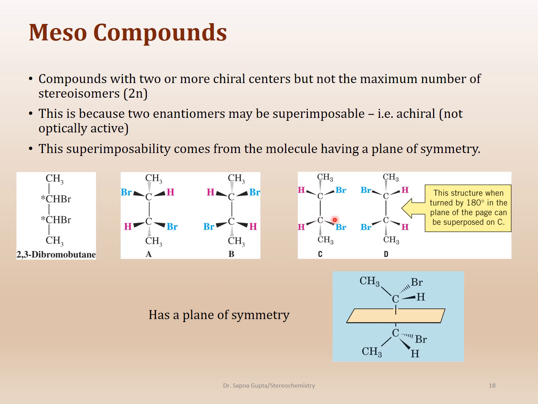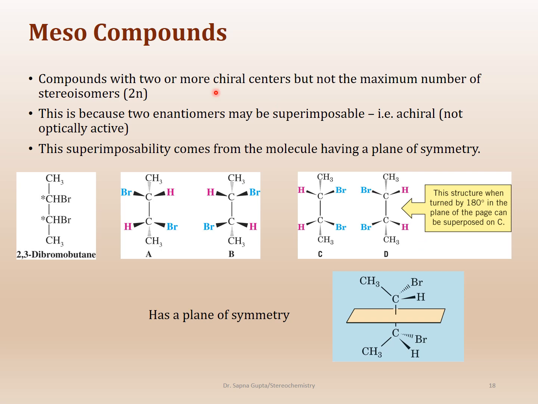That is because this molecule C and D can actually be superimposed on each other. So if you take D out of the plane and flip it 180 degrees, you should be able to superimpose it on C. And so if it is superimposable, it's not optically active, it's not chiral.